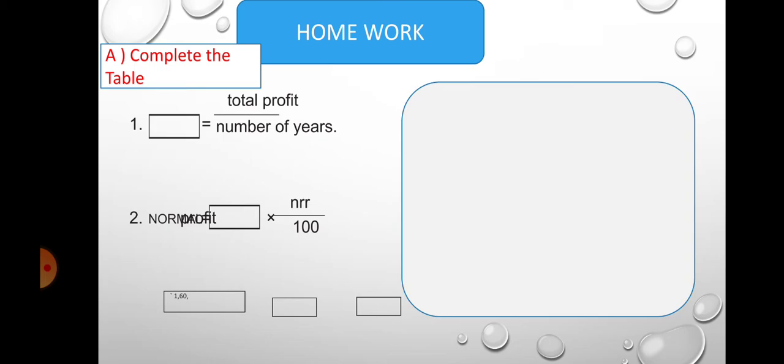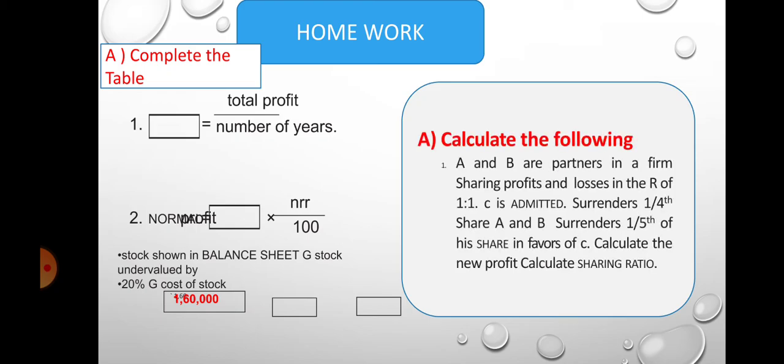Do this calculation as homework. Complete the table and calculate the following as the given homework.